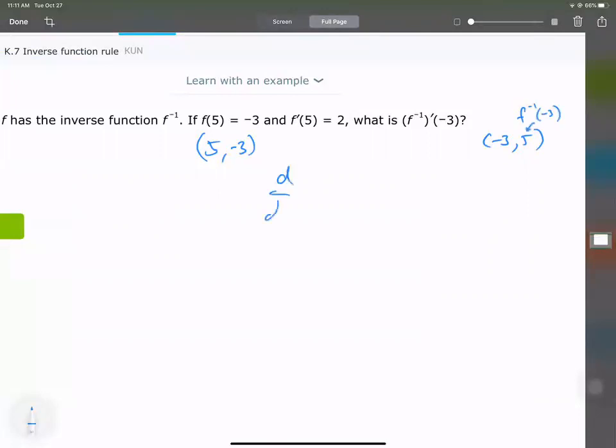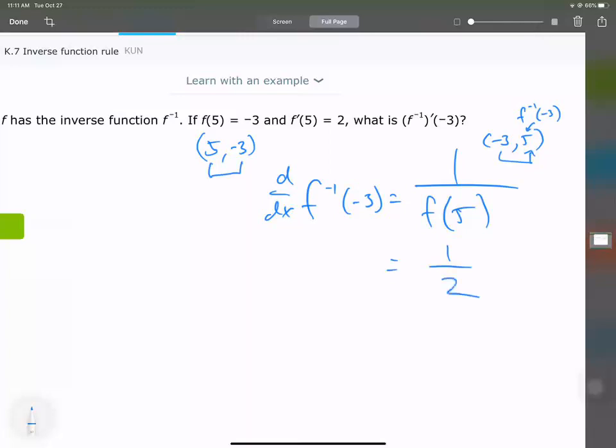So what is the derivative of f inverse of -3? It's the same as 1 over f prime of your original value. What's the original value? Takes you back to 5. 1 over 2.